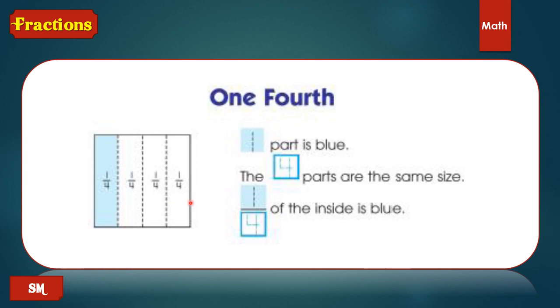So he wants a number that represents the blue part. How can I write it? I write 1 over 4. 1 over 4. Excellent. Because it's 1 part from 4 parts of the whole shape is blue.